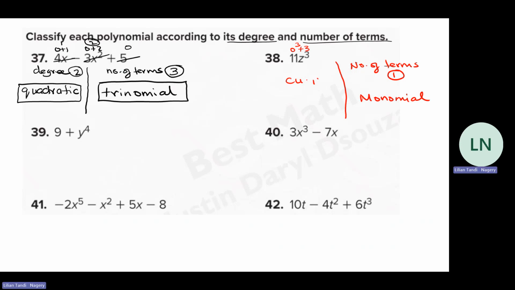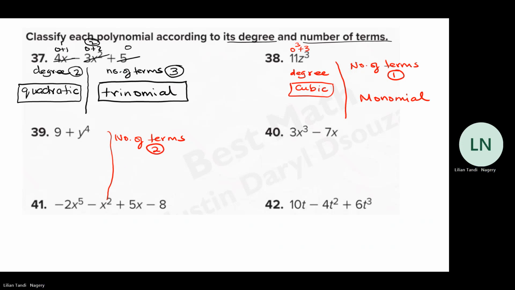So you're going to write here degree, and then you're going to write here cubic. All right. So here, number of terms is 2.